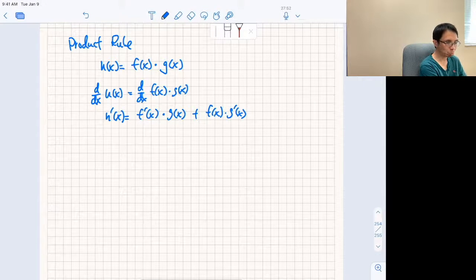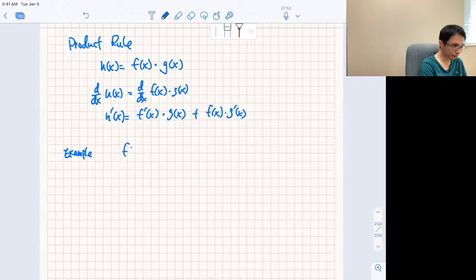Now, when do we use this? It means we have to have two functions multiplied by each other. So I'm going to give you a first example. The first example is going to be f of x equal to 3x minus 2x squared multiplied by 5 plus 4x.